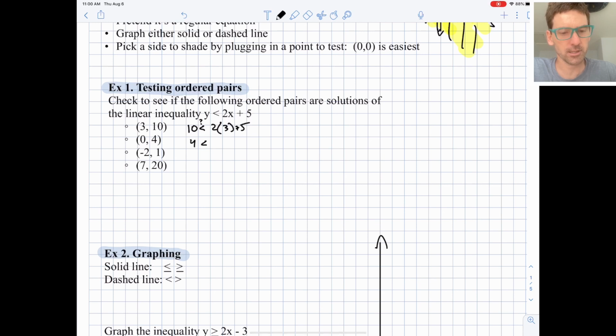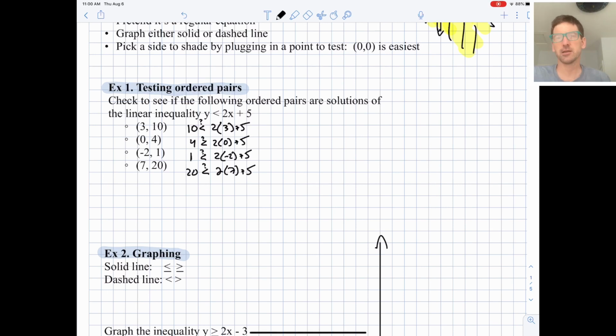Is 4 less than 2 times 0 plus 5? Is 1 less than 2 times negative 2 plus 5? And lastly, is 20 less than 2 times 7 plus 5? Some of these are going to check out, some of them are not, and we're just practicing plugging in numbers and seeing if they do check out.